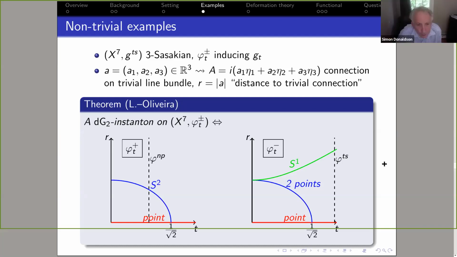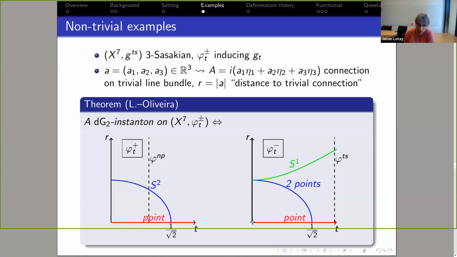What happens at the time when the blue branch disappears? That's a good question. What happens at this time is that there's nothing particularly special about the G2 structure that we can see, except that at this point, you find a family.